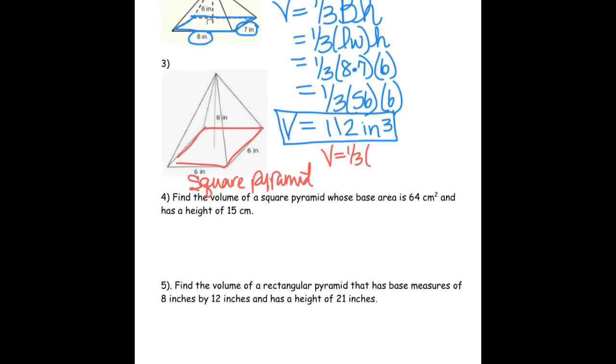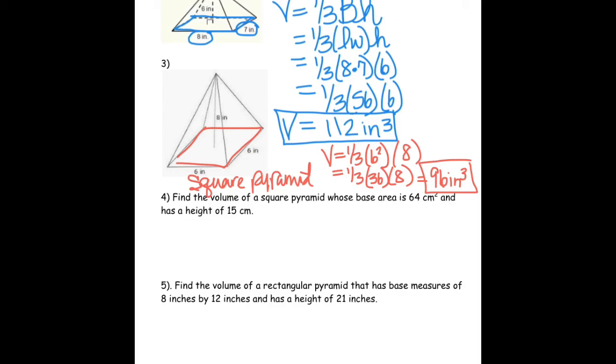It's a square, so 6 squared, times the height, 8. That equals 1/3 times 6 squared, which is 36, times 8. Well, 1/3 of 36 is 12, and 12 times 8 is 96. So it's 96 inches cubed.